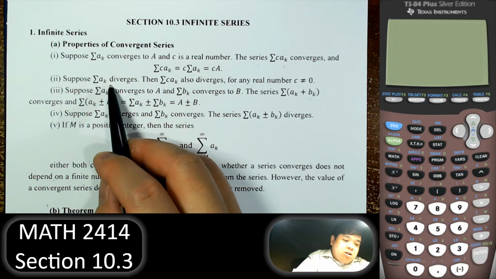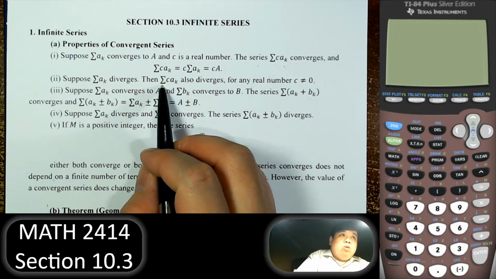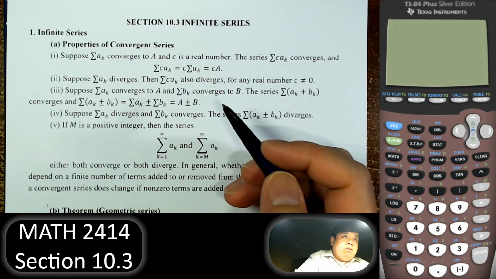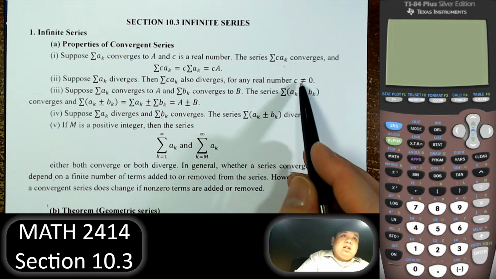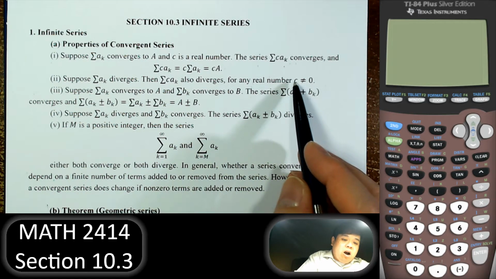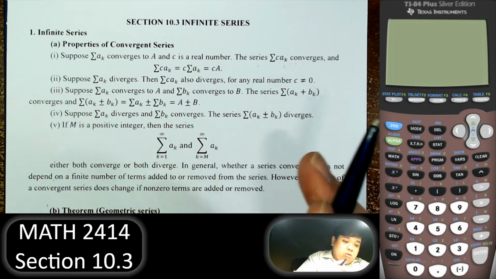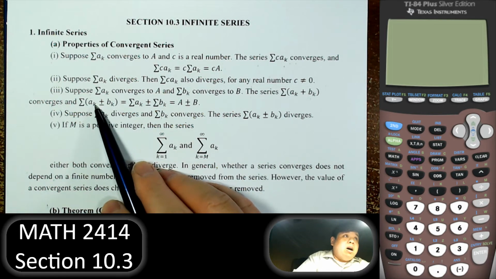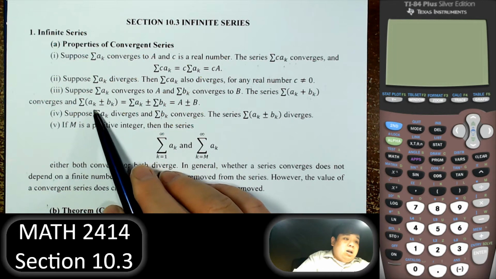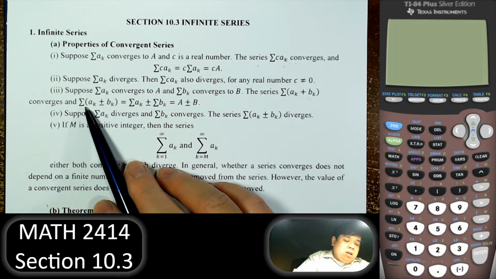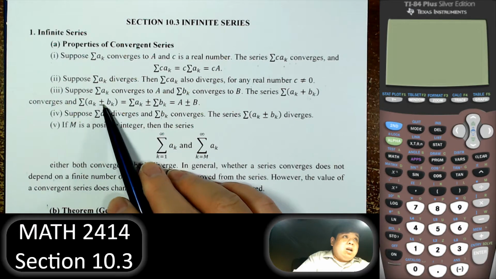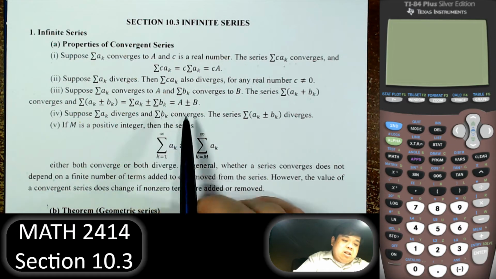Next, if it is divergent, then when you multiply a number to it, it still diverges, if that is a non-zero constant. If you multiply by 0, it is 0, so we're not doing that. And the sum of a series is the sum of the series.